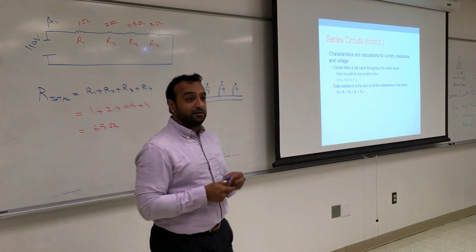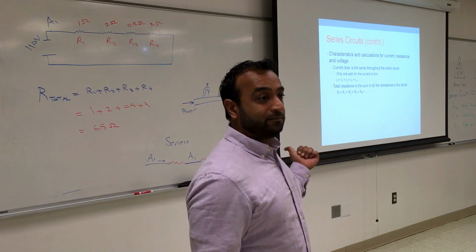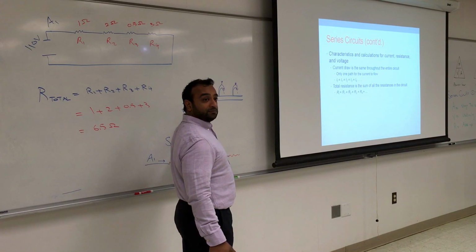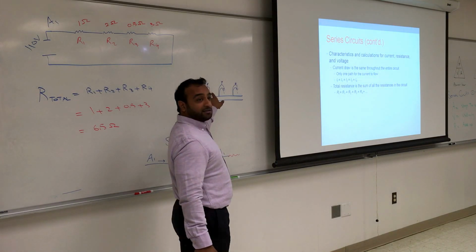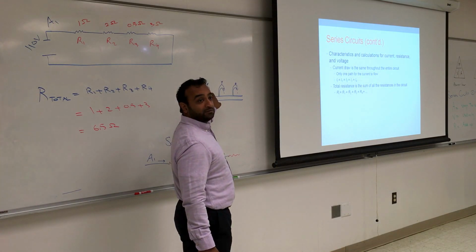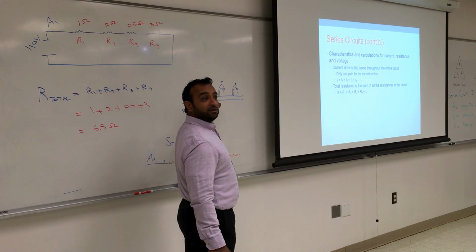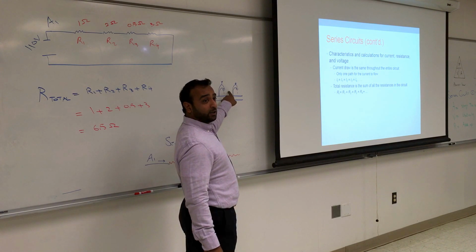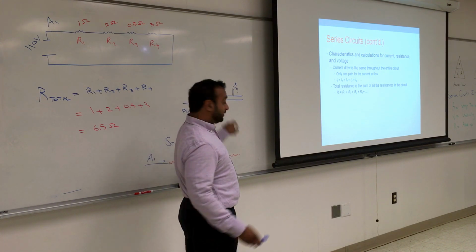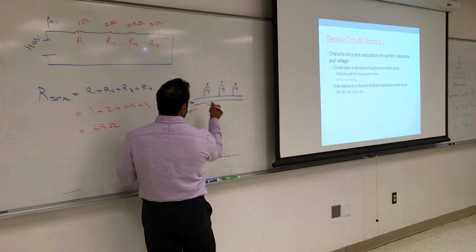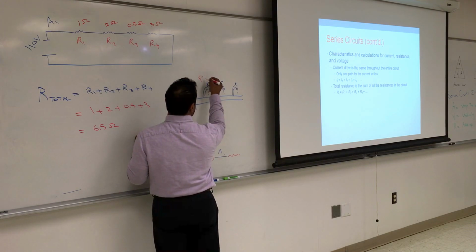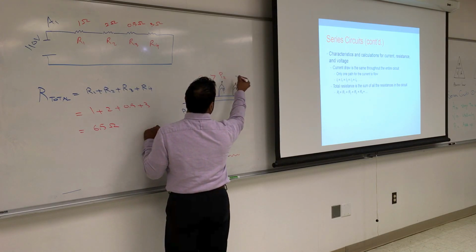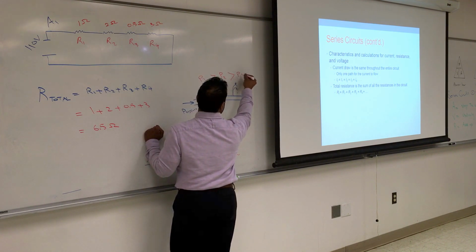So if we have a water pipe, okay? We have pressure. That's our voltage. If you open the first faucet, you'll have high or low pressure? High pressure. If you keep it open, you open the second one. Is it going to be the same or lower? Lower. So P1 will be higher than P2 and will be higher than P3.